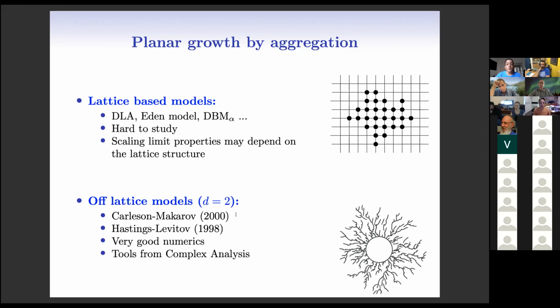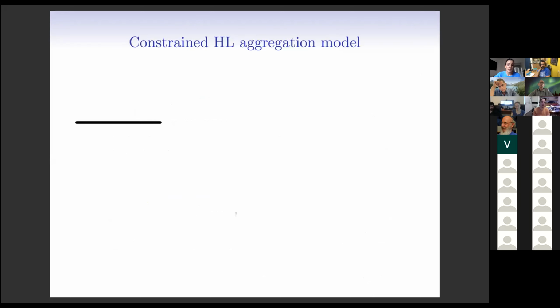And I won't tell you what the original Hastings-Levitov models are. I will go directly to a version of the Hastings-Levitov models that we considered. And then towards the end of the talk, I'll tell you the original definition of Hastings and Levitov.